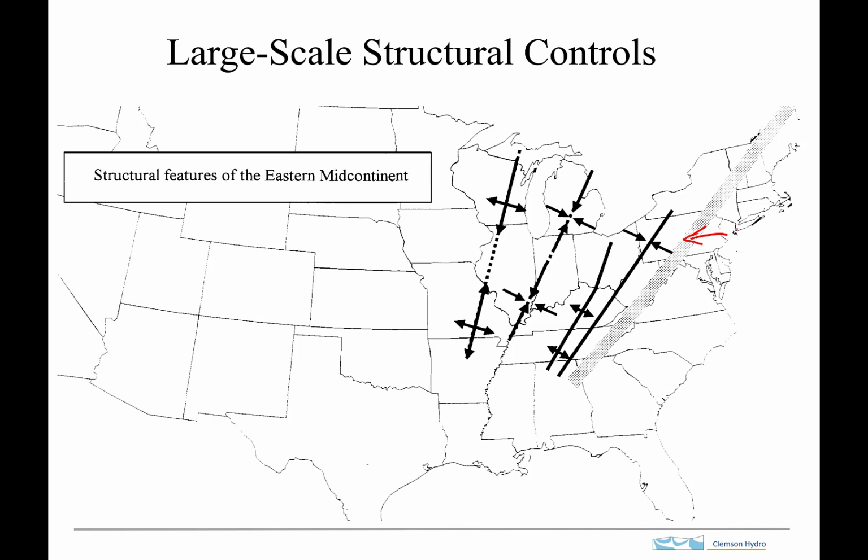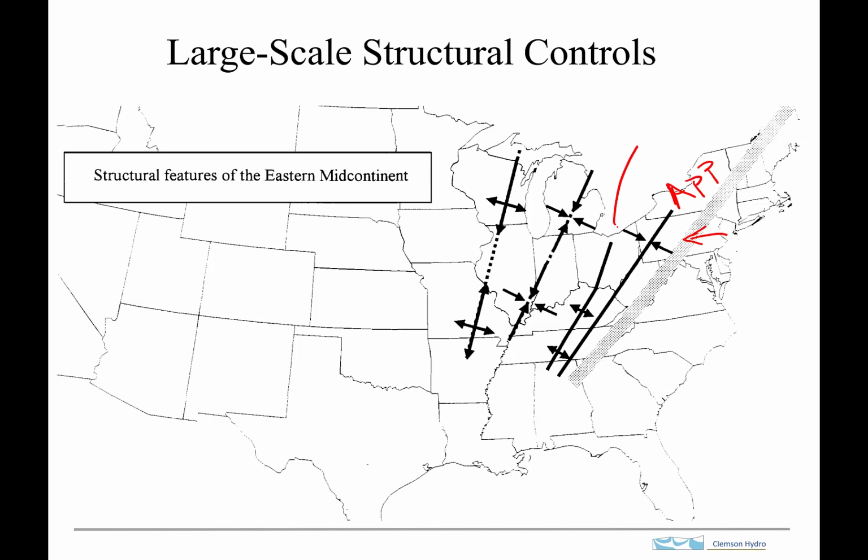And what I'm showing here are the axis of these features. The first one going to the west of the Appalachians is the Appalachian Basin. So Appalachian Basin. And then the next one is the Findlay Arch and the Cincinnati Arch.